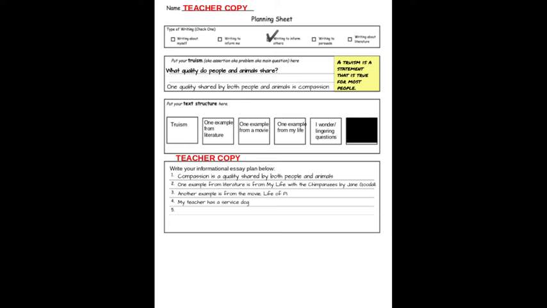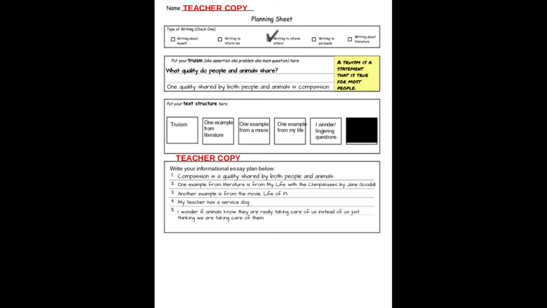The 4th paragraph is going to be an example from your own life. And my sentence says, my teacher has a service dog. So this is an example from my life because it's going to talk about my teacher who has a dog. And then finally, I wonder, or any lingering questions that you have about animals and humans.